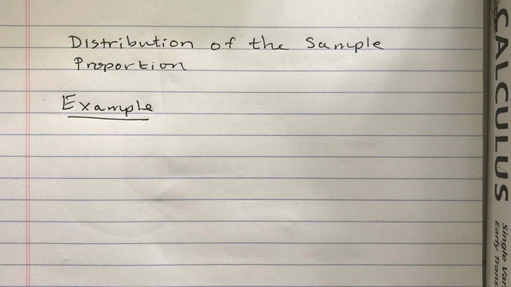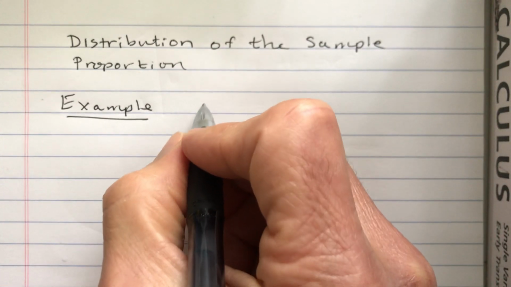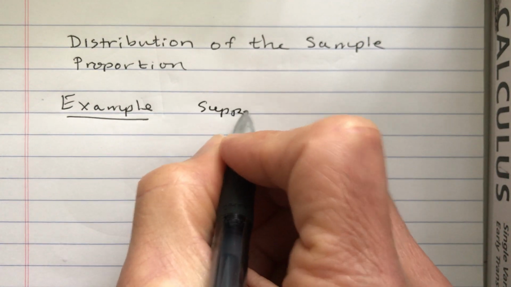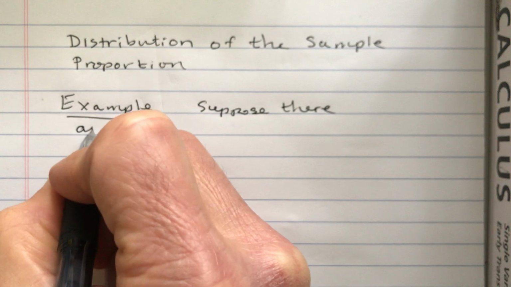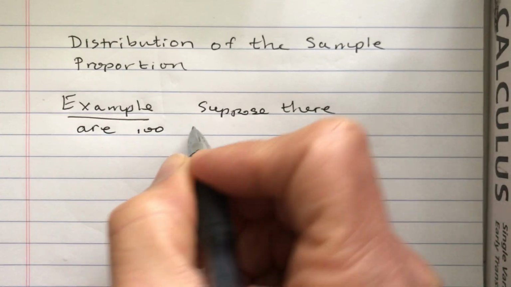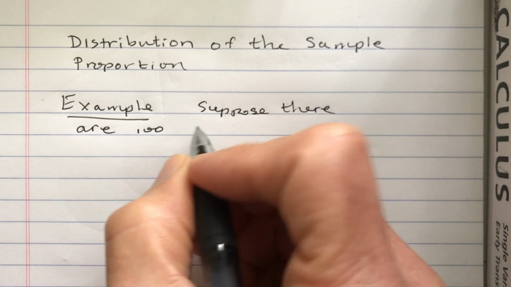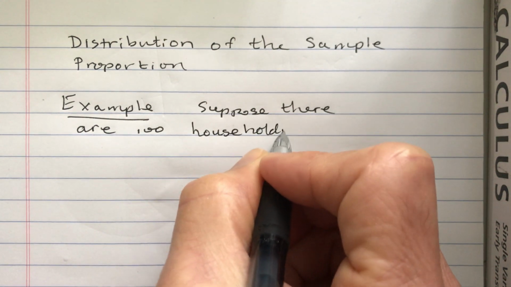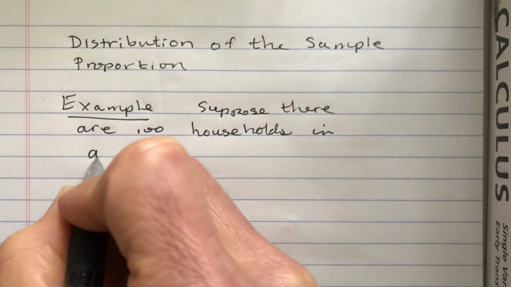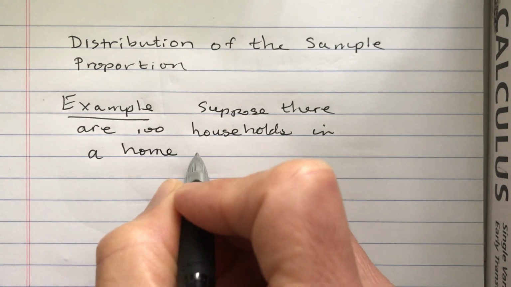And this is about a homeowners association. Suppose there are 100 households in a homeowners association.